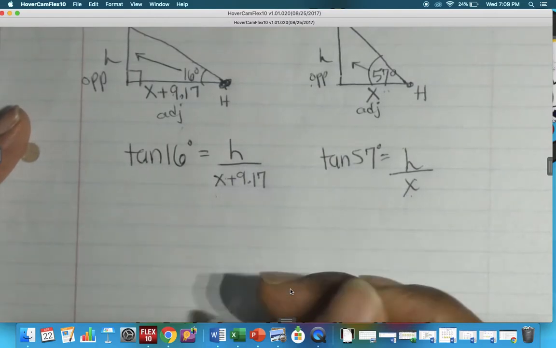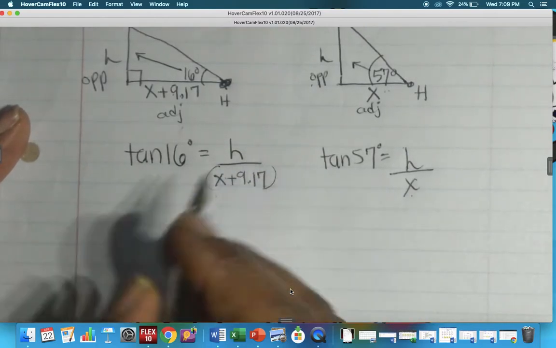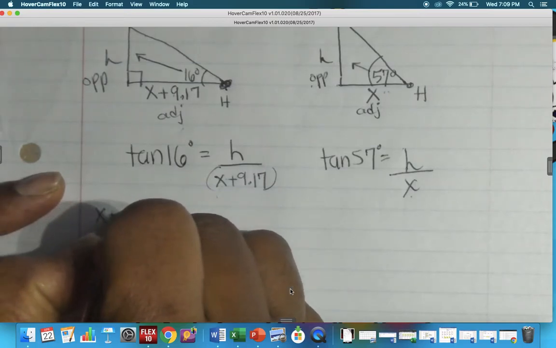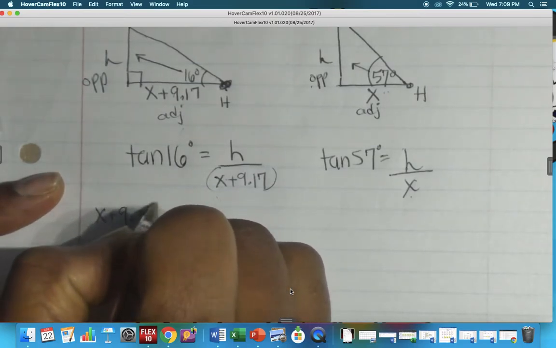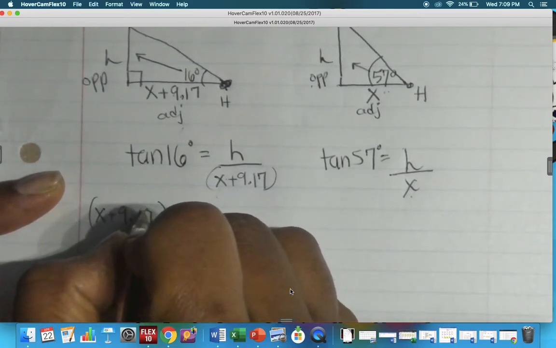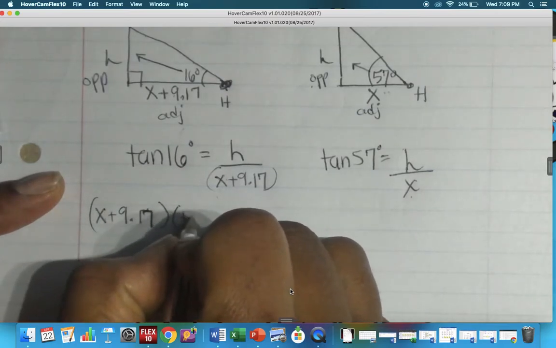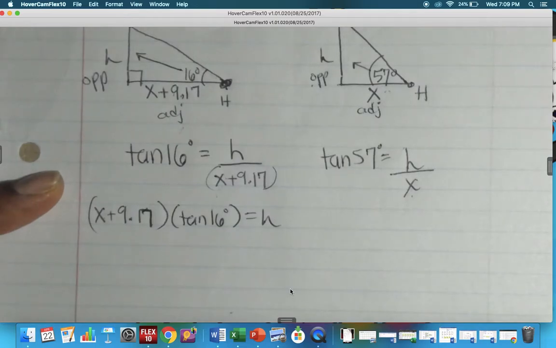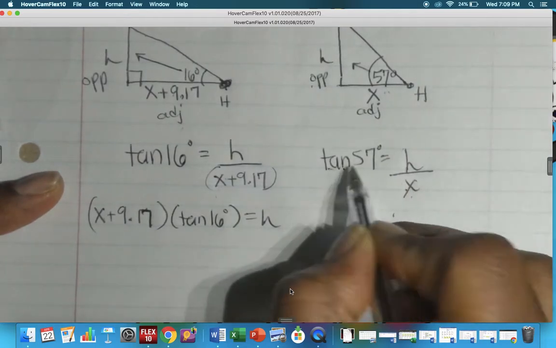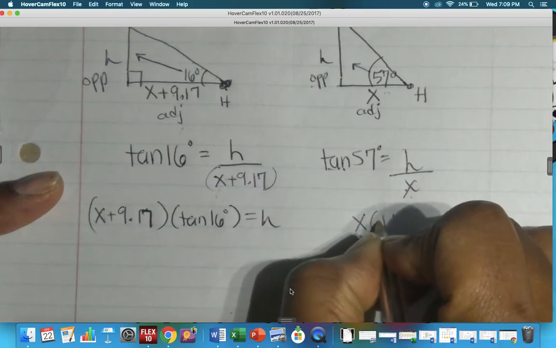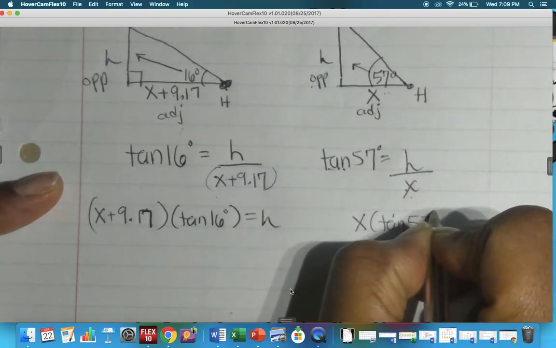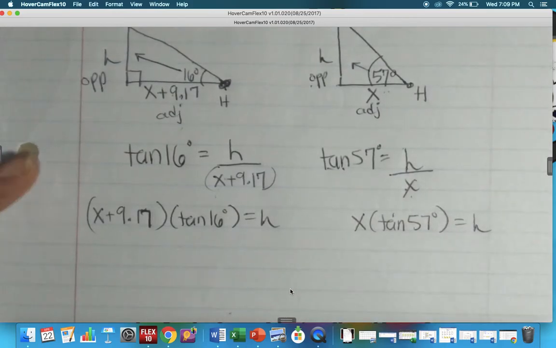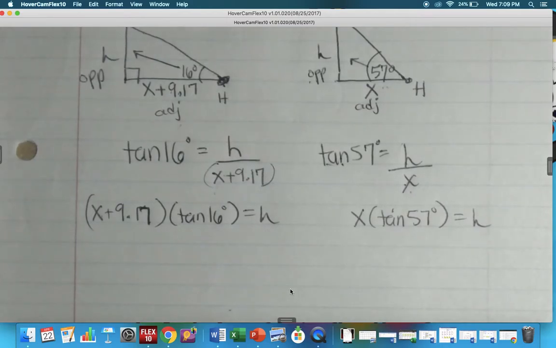So if I cross multiply here, I get x plus 9.17 times tan of 16 degrees equals h. And if I do the same thing here and multiply both sides by x, I get x times tan of 57 degrees equals h. So now I have a system of equations.